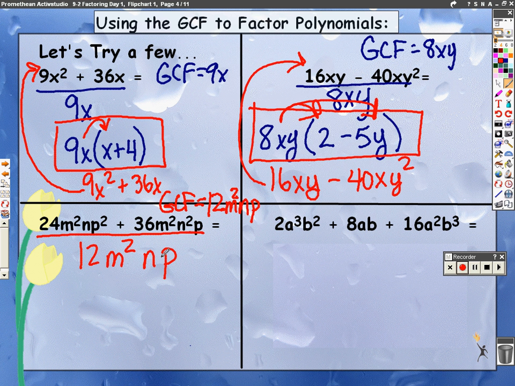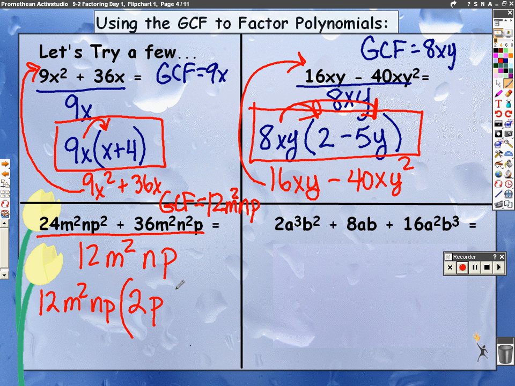And I know I'm going to divide both terms by the greatest common factor, and I end up with 2p for the first term.